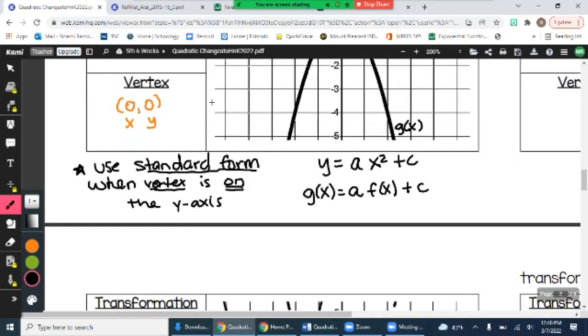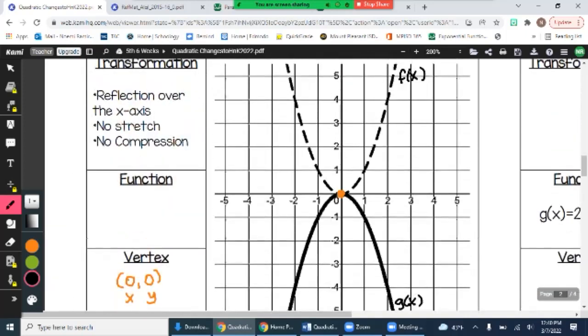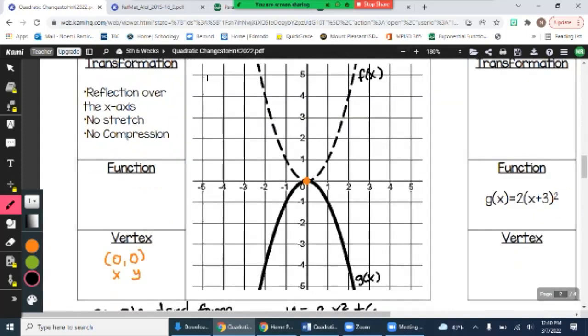They are interchangeable. So what is something that you can visibly see on the graph? What kind of change? That it reflected, it flipped. So if we have a reflection, because it's described in words over here, what happens to the equation?